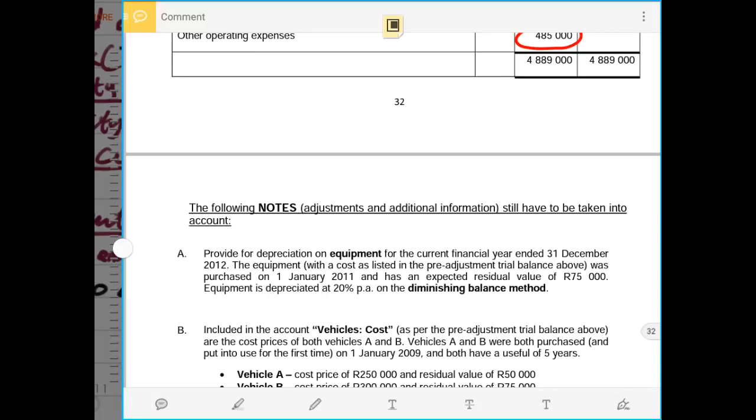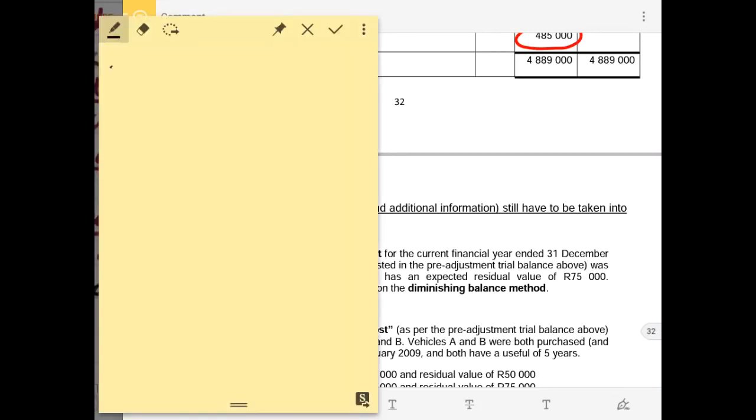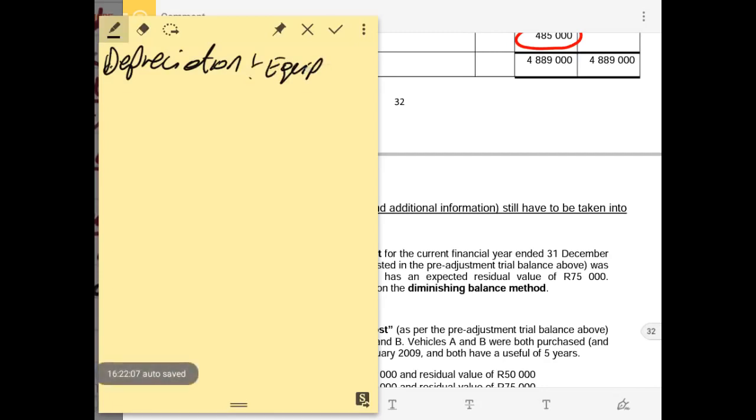So now we have to record that in the property, plant and equipment note, and also in the income statement. So now let us show workings for the equipment depreciation for the current year. Then I say depreciation, and this is the depreciation on equipment only for the current year.